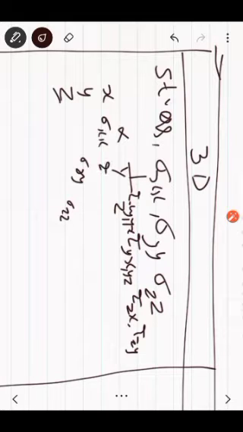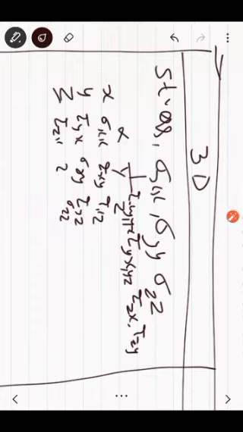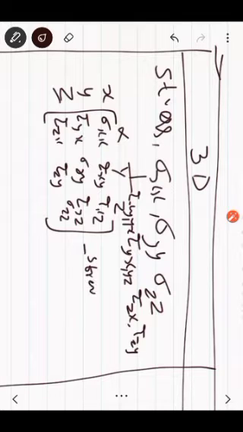Here you will be having sigma x, tau xy and tau xz, and this is tau yx, this is tau yz, this is tau zx, and this is tau zy. So this is written in matrix form. This is called the stress tensor. So we have written the stress tensor.